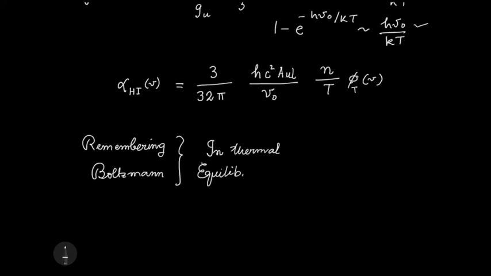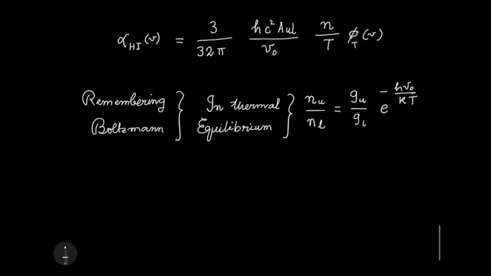So this says that in thermal equilibrium, the number density in the upper level by the number density in the lower level is given by multiplicity in the upper level by multiplicity in the lower level, e to the minus h nu naught by kT.